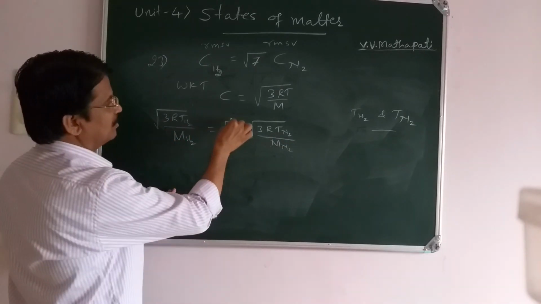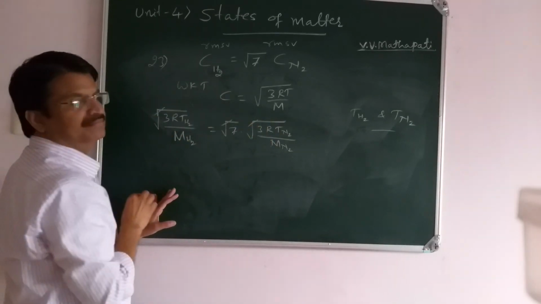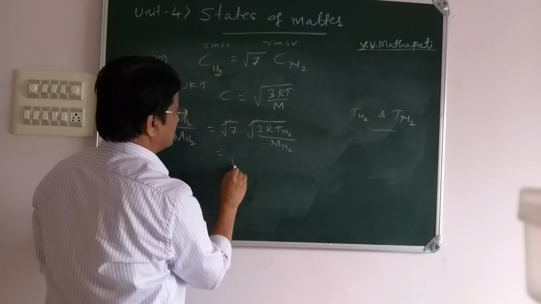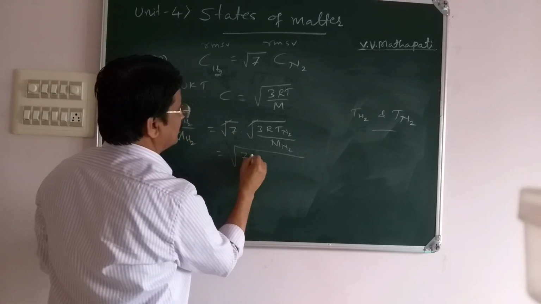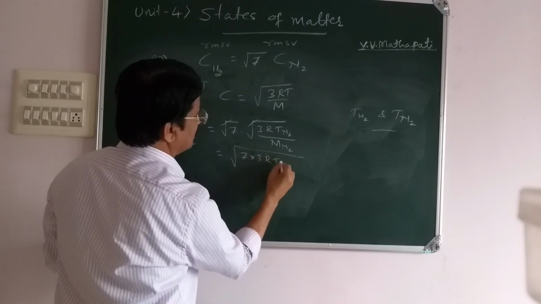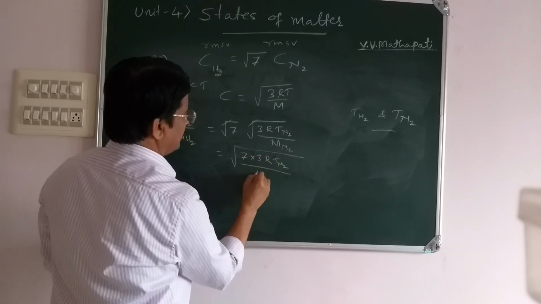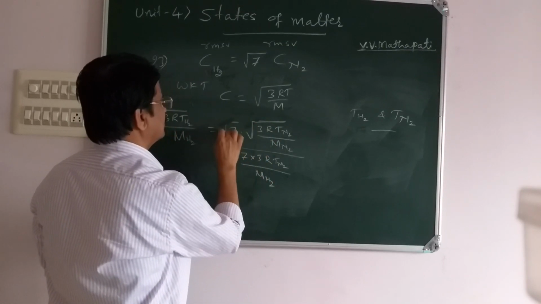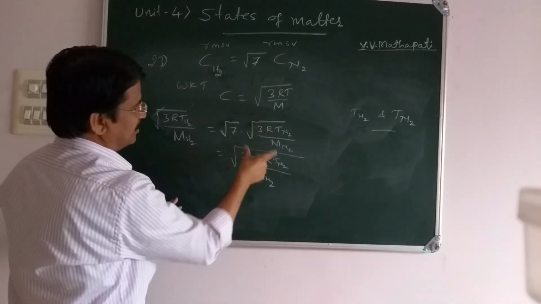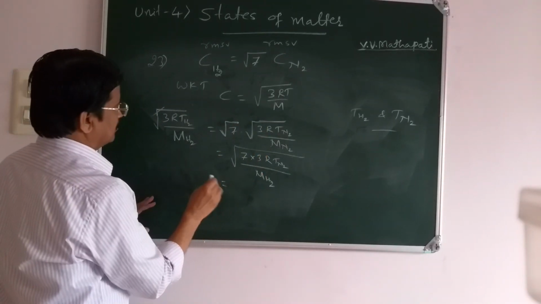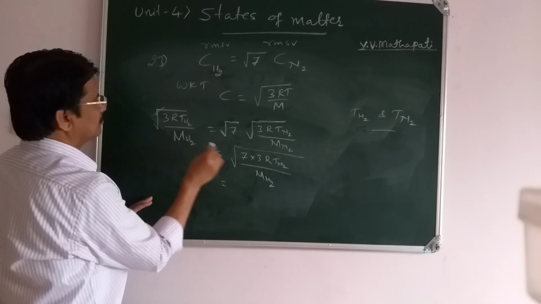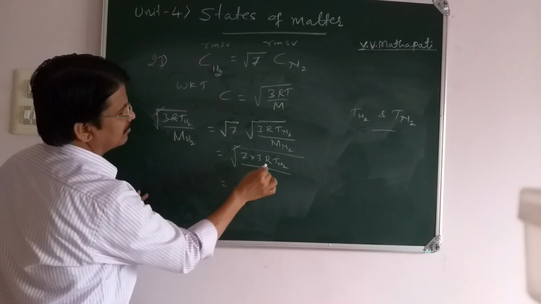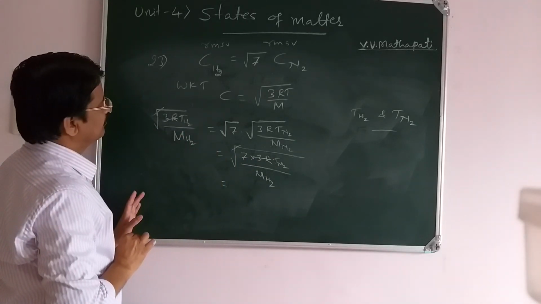Therefore the roots cancel. Taking root of 7 into 3RT of N2 by M of N2. Now you can cancel these two, and 3R also cancels.